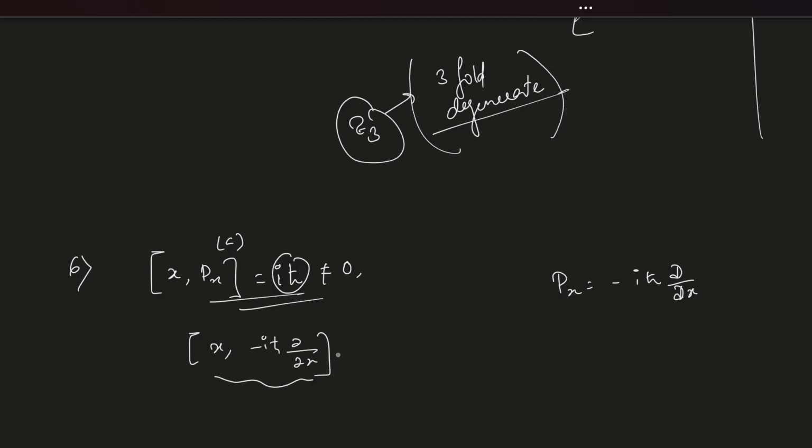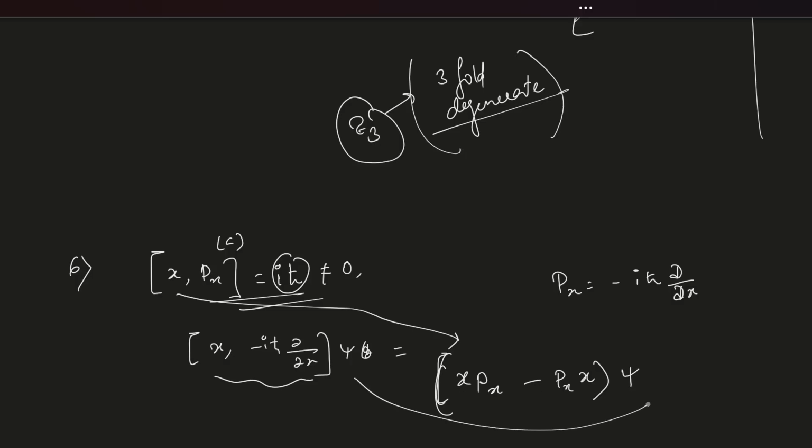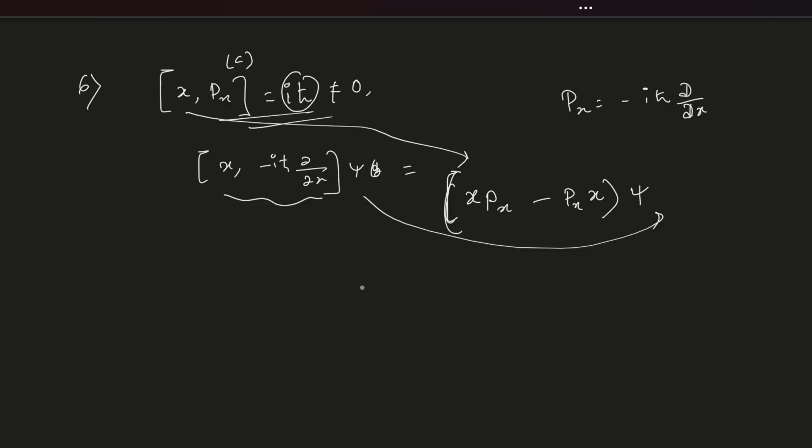This is the commutation operator, right? It will be operating on some wave function psi. You have to get what happens when it operates on psi. Commutation bracket x p means x px minus px x, now operating on psi. Because they are operators, don't confuse them and treat them like simple products.